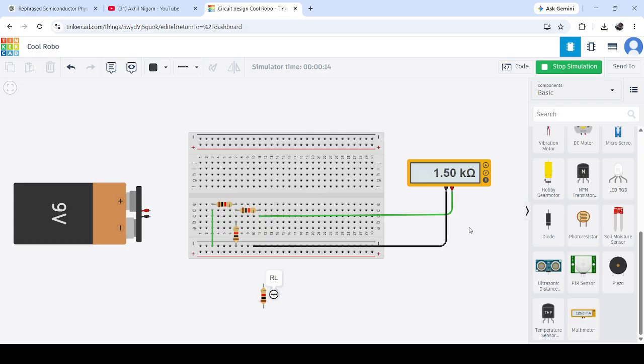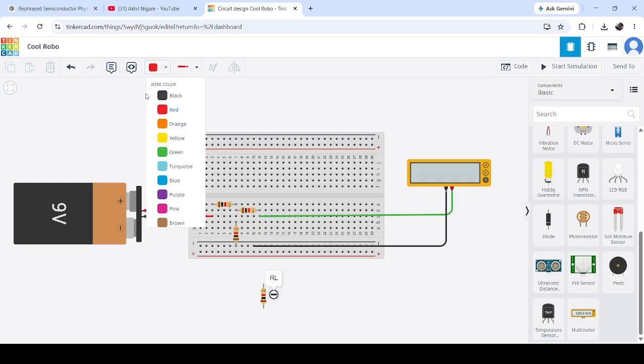Now in our second step, we will find VTH. For this operation, again we need to give our power supply. I will remove this wire and connect my positive terminal to the first terminal of resistance R1 and the negative terminal to resistance R2. Now our circuit is ready.